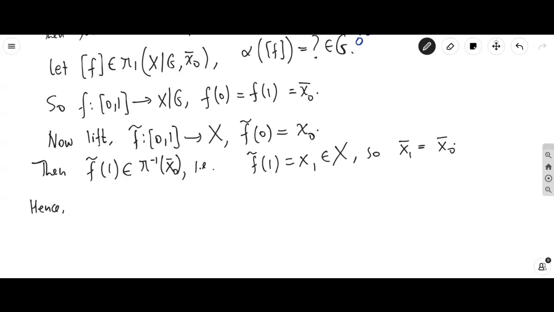Hence there's a unique automorphism of your space that will translate x0 into x1.